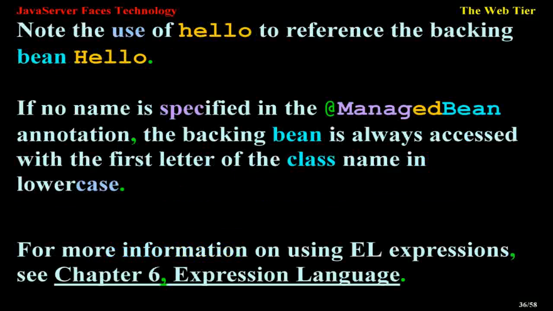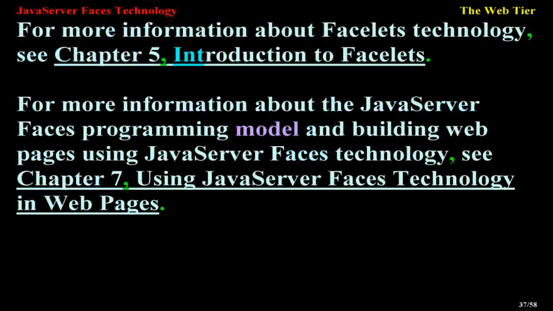For more information on using EL expressions, see Chapter 6, Expression Language. For more information about Facelets technology, see Chapter 5, Introduction to Facelets. For more information about the JavaServer Faces programming model and building web pages using JavaServer Faces technology, see Chapter 7, Using JavaServer Faces Technology in Web Pages.